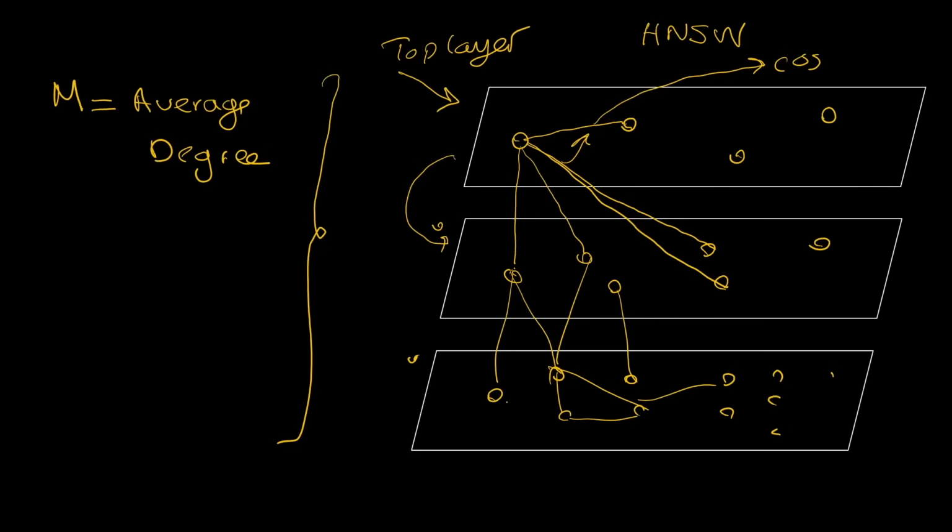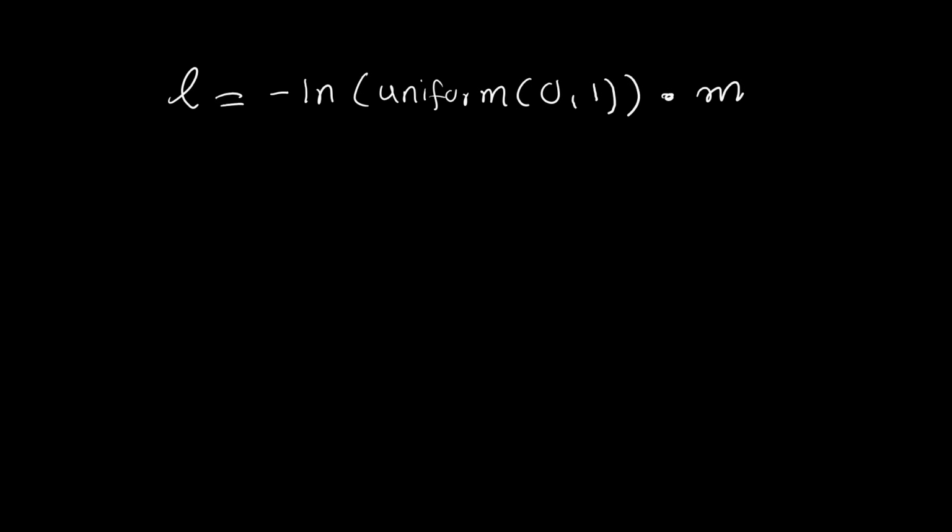I think this is a good time to go into the math just briefly on what that looks like. How the algorithm knows what layer or level the node will fall in is denoted by this formula, which says that if you take the negative natural logarithm of a uniformly distributed variable between 0 and 1 and multiply it by some scaling factor, you will then be able to assign the level to that particular vector accordingly.